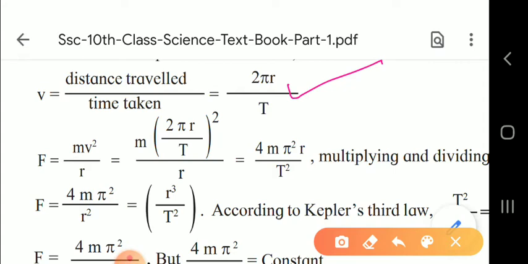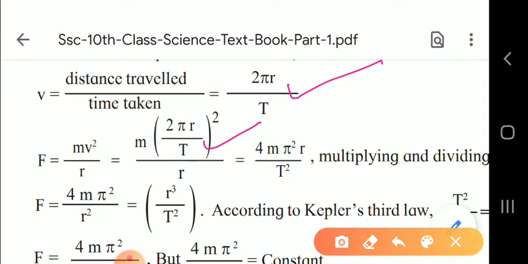So it will become equal to m times (2 pi r upon T) whole square, upon r. When we square it, it will become 4m, m is in multiplication, so m will come here, then pi square and r upon T square.